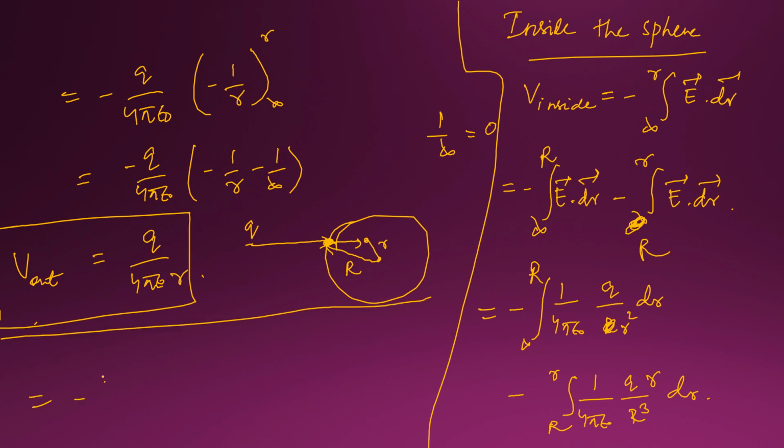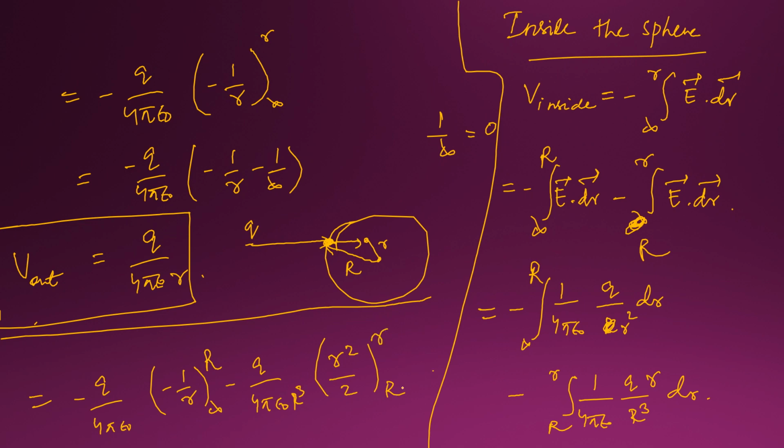So minus q by 4 pi epsilon naught, 1 by r square dr, is minus 1 by r from infinity to r, minus q by 4 pi epsilon naught r, q also comes out. r dr integration is r square by 2.